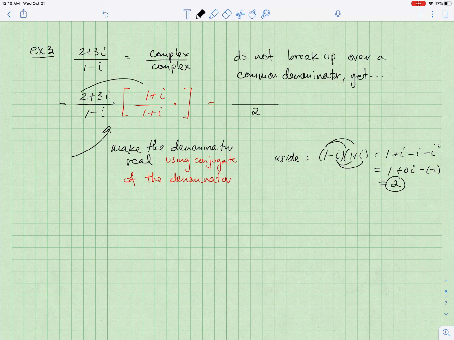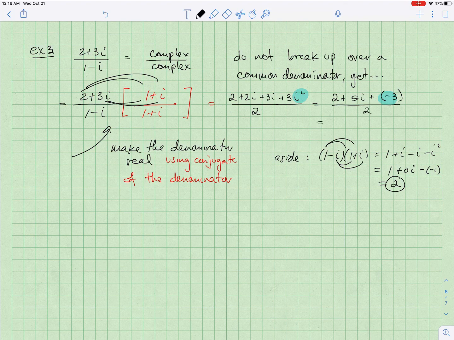Now in the numerator, I'm going to have to FOIL. This is 2 times 1, which is 2. 2 times i, which is 2i. 3i times 1, which is 3i. And then plus 3i squared. Simplifying this, we get 2 plus 5i plus, remember that i squared is negative 1, so this will become a negative 3 as a result of multiplying by that complex number, all divided by 2.